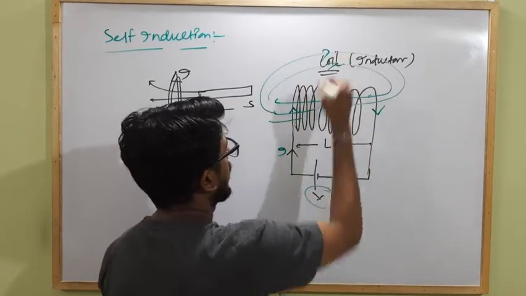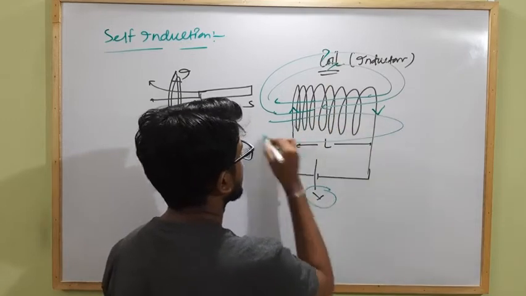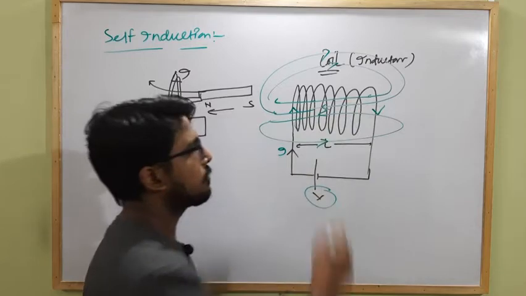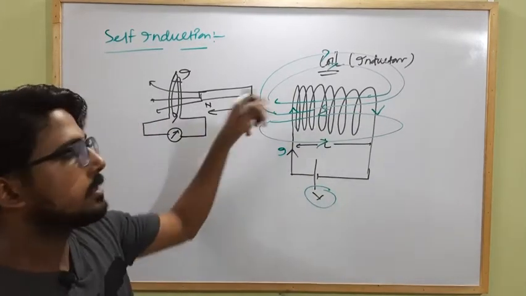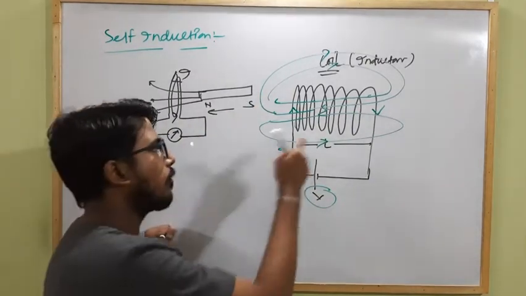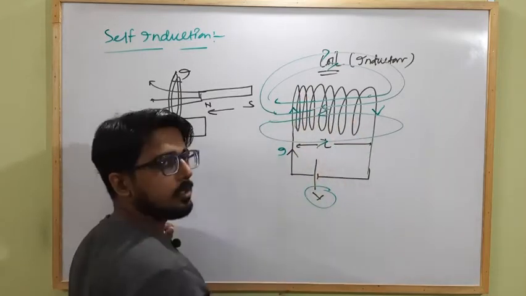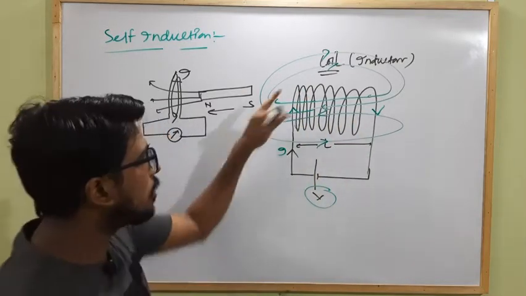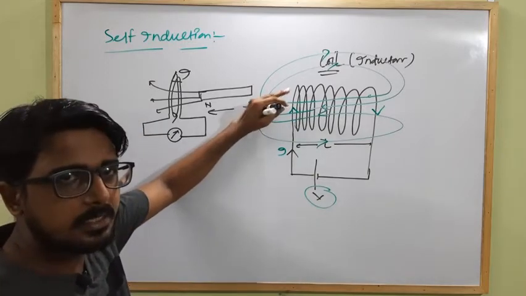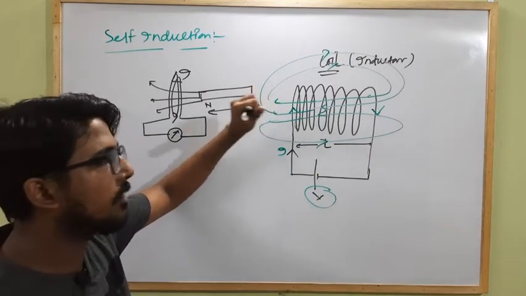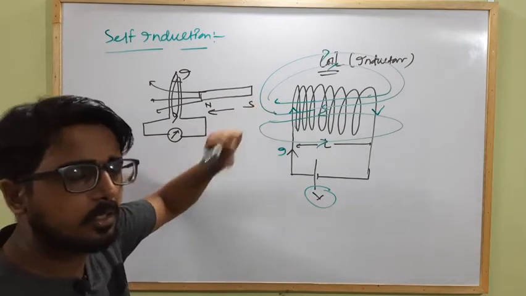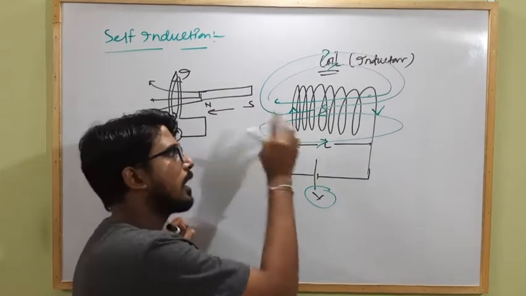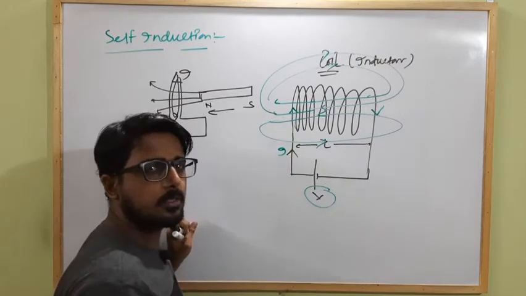Clear? So the magnetic field lines linked with each turn of the inductor change. That means the flux linked with each turn changes, and when flux linked with a current carrying coil changes, according to Lenz's law and Faraday's law of electromagnetic induction, it induces an EMF within it, which tries to oppose the change in flux.